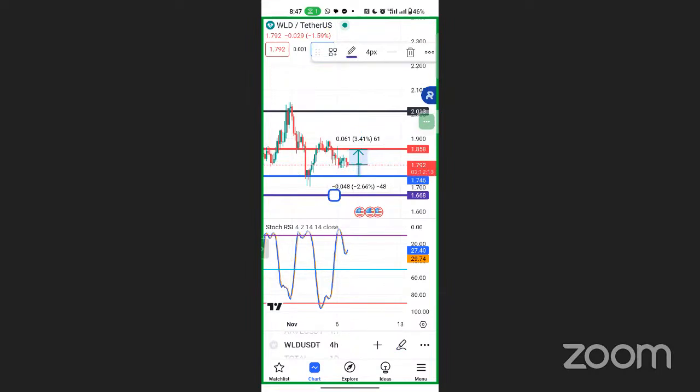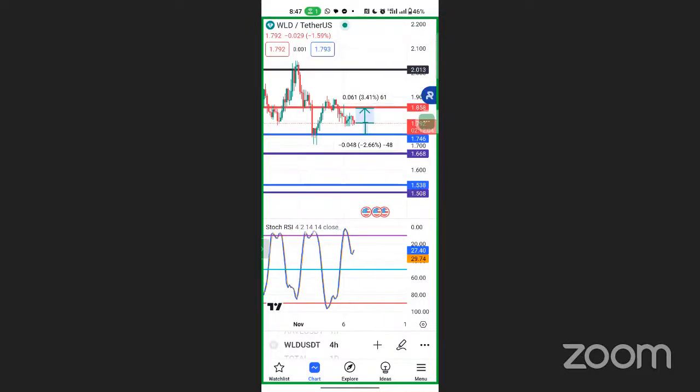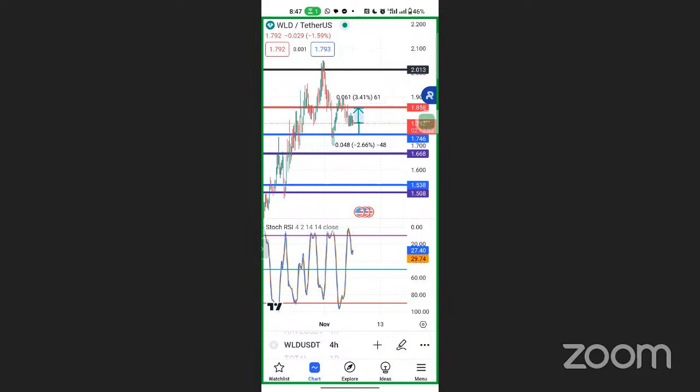It's a very good trade. Once it breaks my first margin call, I can come back on my trade and set the second margin call. Once it breaks my second margin call, I can set the third margin call. Is that okay, guys? Let me know. Give me a 2 in the chat if it is understandable.